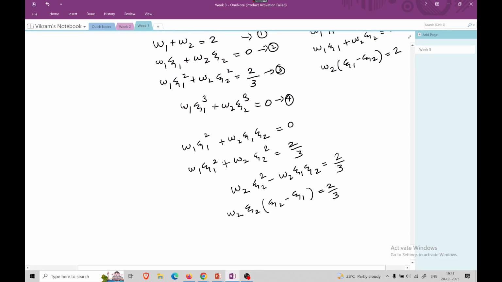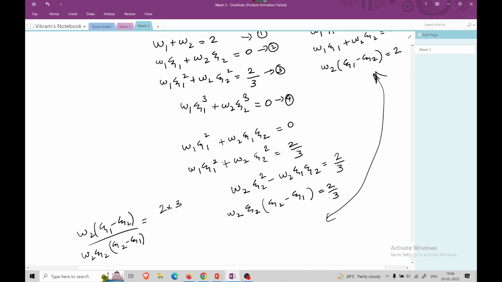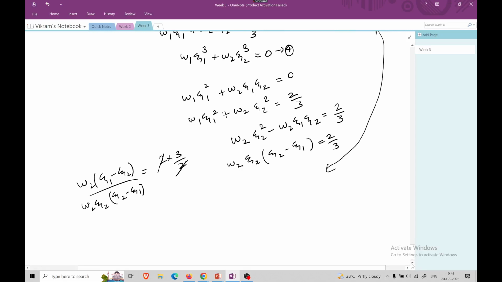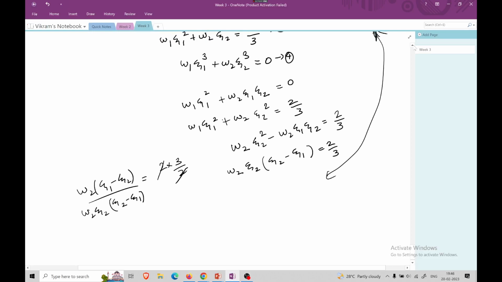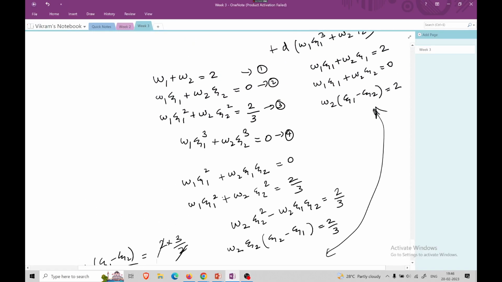So if I divide both, w2 into eta 1 minus eta 2, by w2 eta 2 into eta 2 minus eta 1, equals 2 eta 1 divided by 2 by 3, that is 2 into 3 by 2, so this is 3 eta 1.